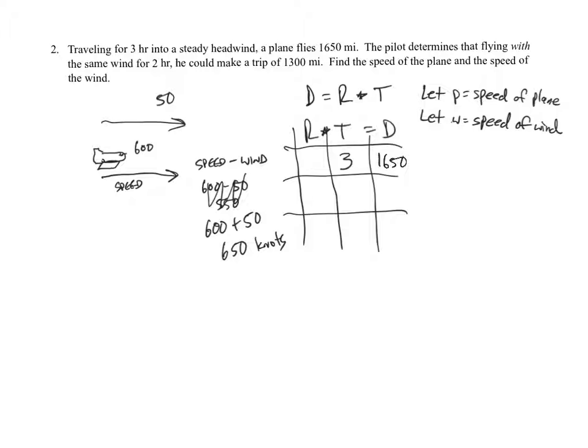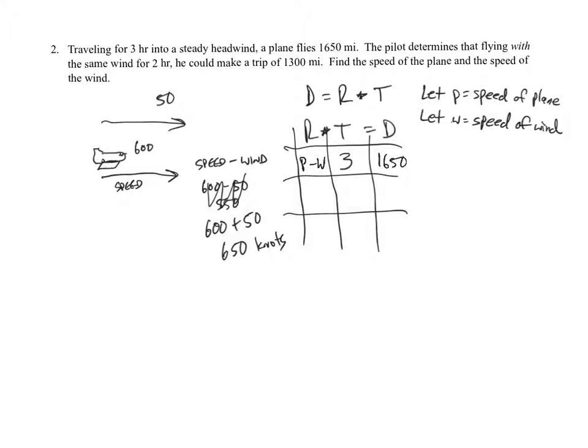Now, the rate, do we know what the rate is? We're traveling for 3 hours into a steady headwind, so the wind is going against the plane. If P is the speed of the plane, the rate is P minus W, the speed of the plane minus the wind speed. Now we can do the second one.